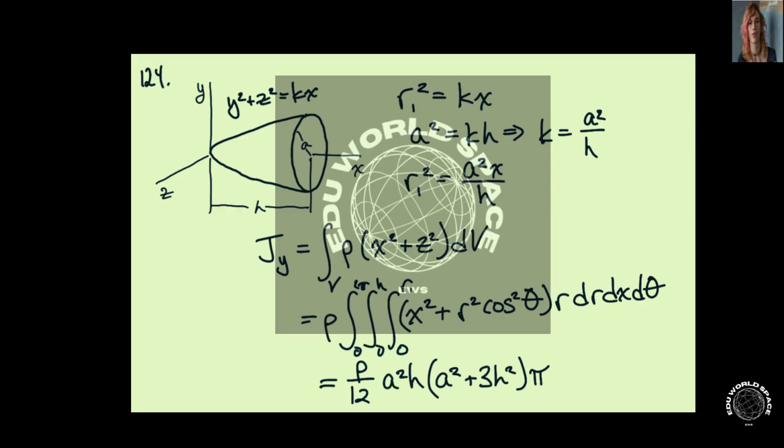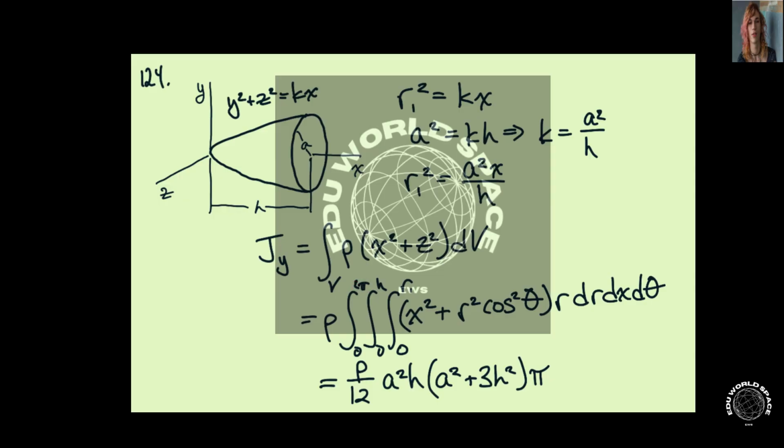Our differential volume element in polar coordinates is r dr dx d theta. R is integrated from 0 to R1, whatever the radius is as a function of x. Then x goes from 0 to h, and theta goes from 0 to 2 pi.